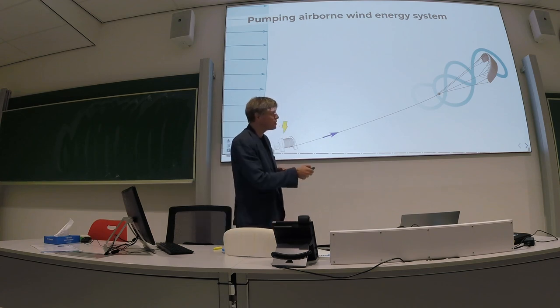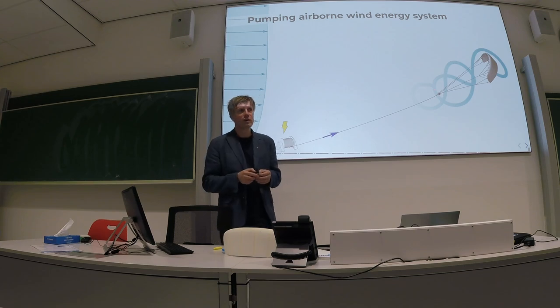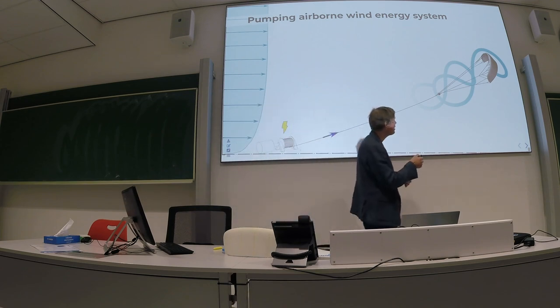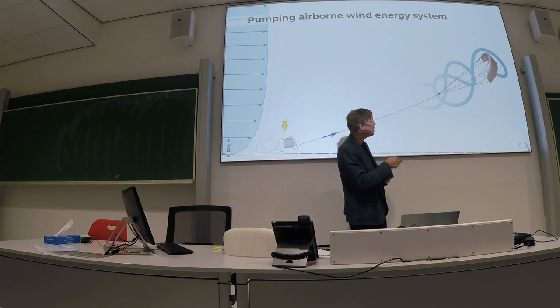You could say half of the weight is in the wing, half of the weight is in the control unit. You have to imagine such a kite like an aircraft with a fuselage and the wing separated by these bridle lines.